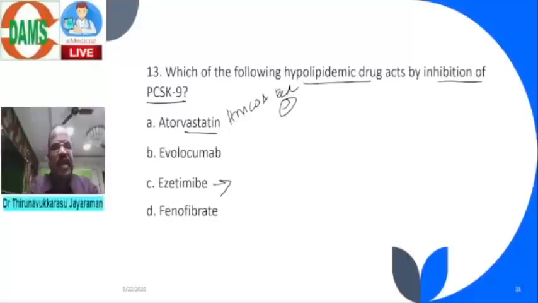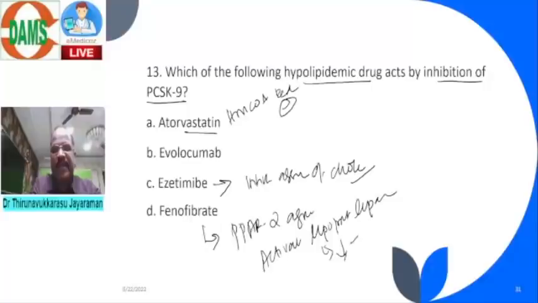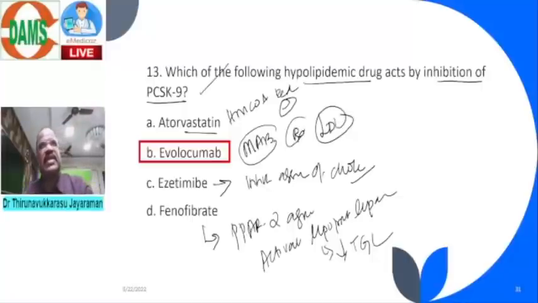Ezetimibe is a drug inhibiting absorption of cholesterol from the intestine. Fenofibrate is a PPAR alpha agonist, thereby activating lipoprotein lipase enzyme, thereby decreasing triglycerides. So all the options are ruled out. Only one option is remaining. That's evolocumab. Evolocumab, a monoclonal antibody useful for lowering LDL. This is a drug called PCSK9 blocker.